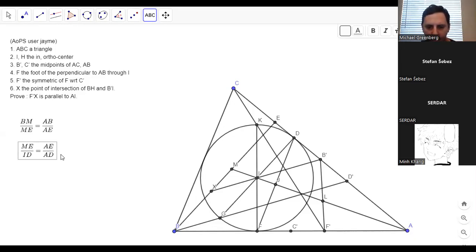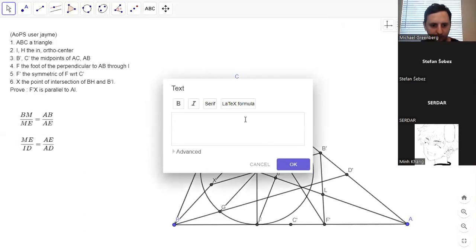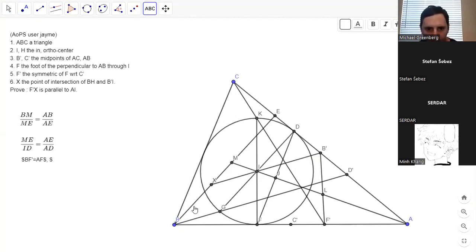So we also have BF prime over, BF prime is equal to AF. And we have BX equals IG equals ID.